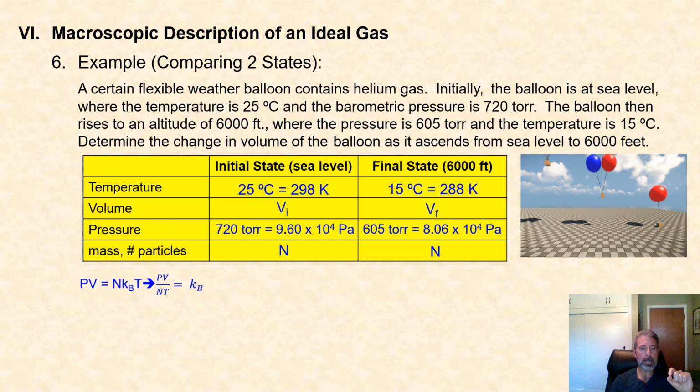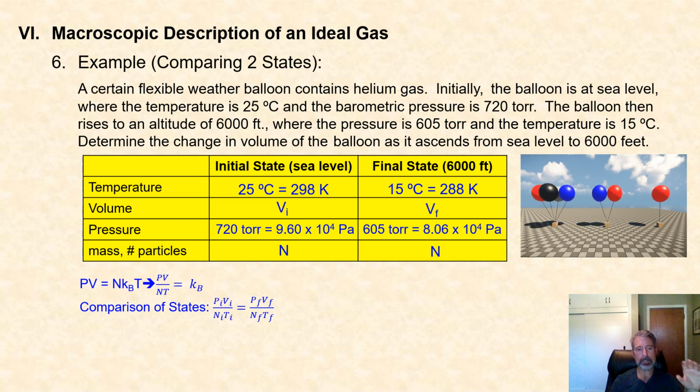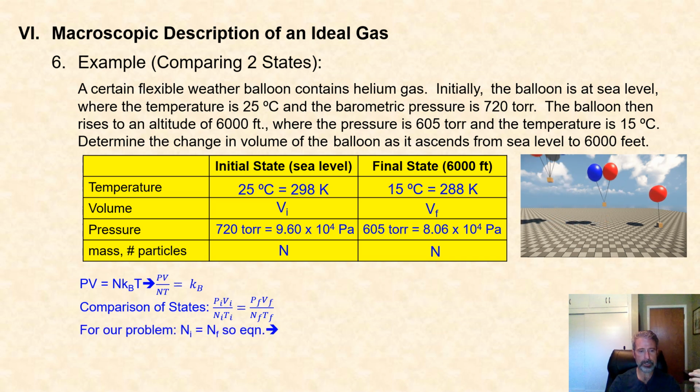So when we solve this for Boltzmann's constant, we can write this in a form that compares the two states. The pressure times the volume divided by the number of particles divided by the temperature is equal to a constant, and that constant must be the same for both the initial state of the gas as well as the final state of the gas. So this is what our equation will look like for a comparison of states.